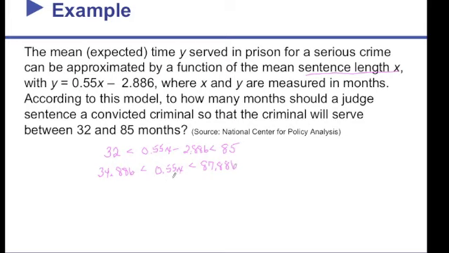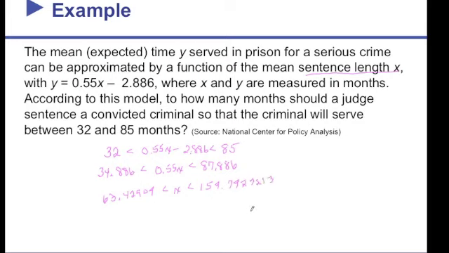Then I'll need to divide by the 0.55. I'll end up with 63.42909 less than x less than 159.7927273.